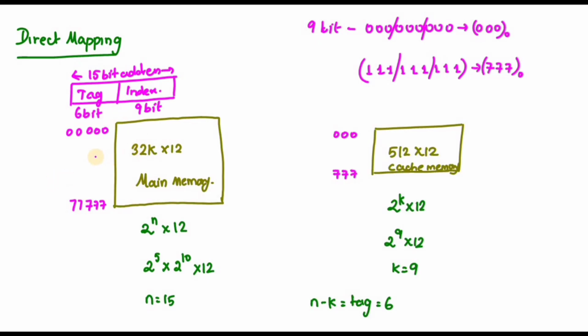Here the 15-bit CPU address is divided into two fields: the index field of 9 bits, which is the least significant part, and the remaining 6 bits, which represent the tag field. Whenever the main memory needs an address, it includes both the tag field and the index field.